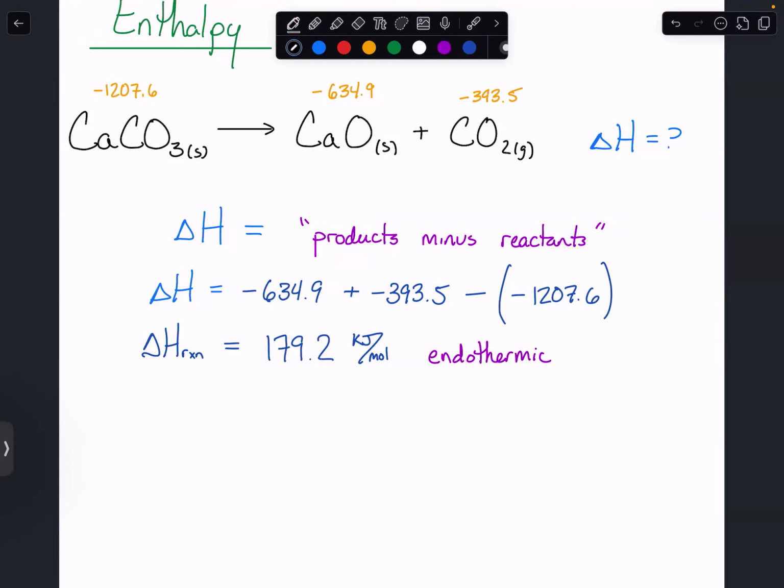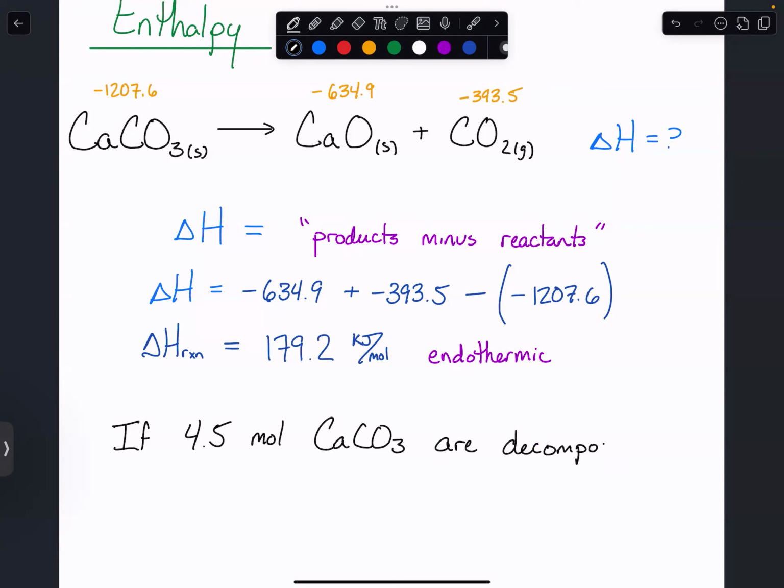So the other thing that we could say is we can use this in a stoichiometry problem. So let's say if 4.5 moles of calcium carbonate are decomposed, how much thermal energy is absorbed?